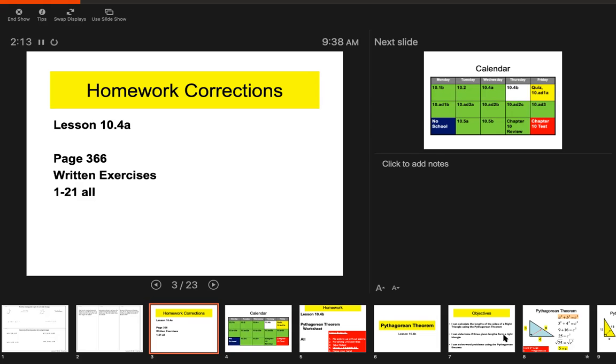8 squared is 64, 15 squared is 225. Those added together would be what? 289. Yep. Somebody with a calculator, square root of 289. What is it? 16.8. And since we want to know the area of the square, any side of the square has the same value.